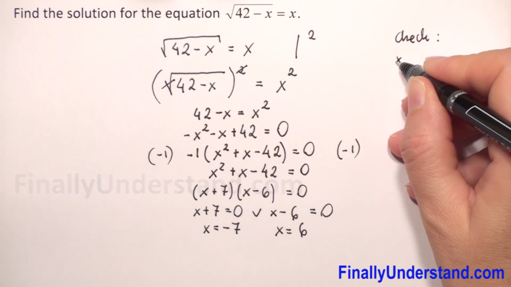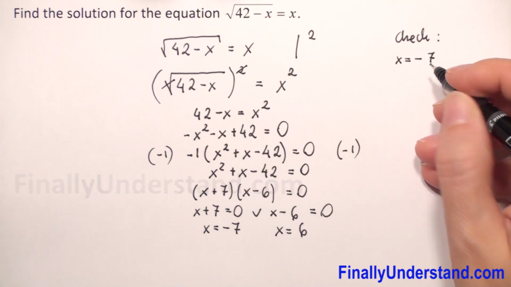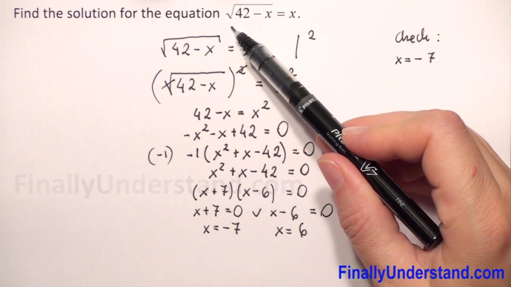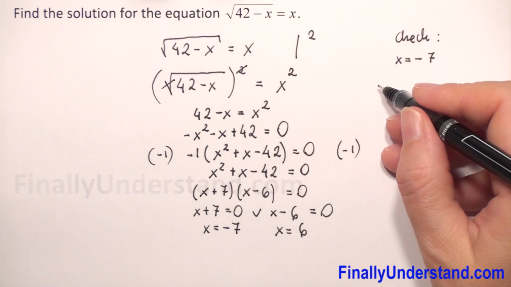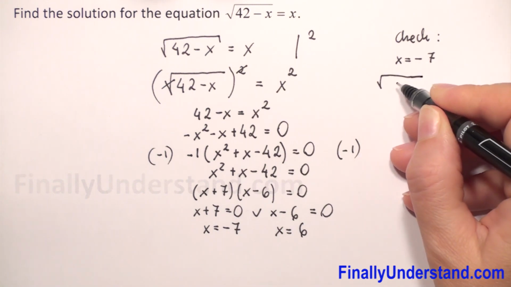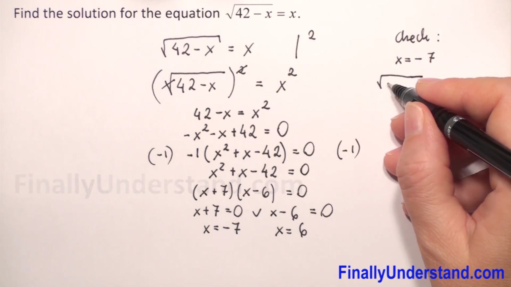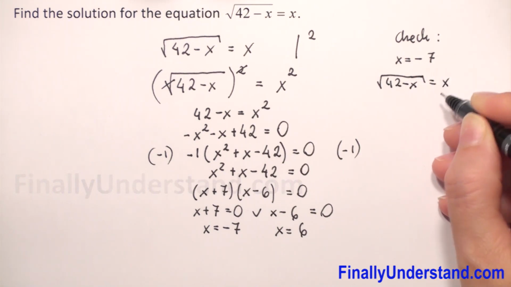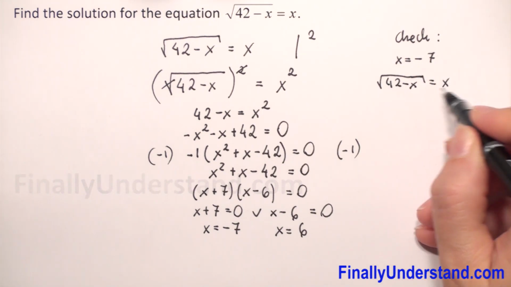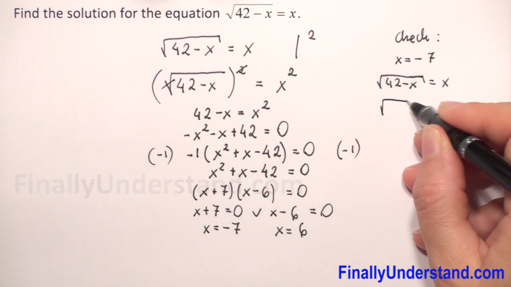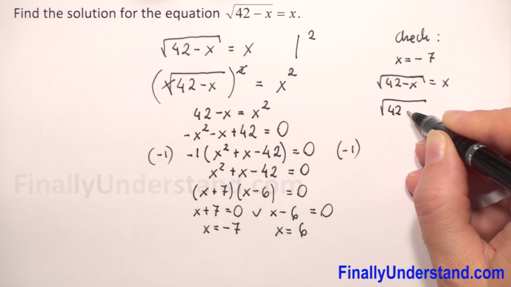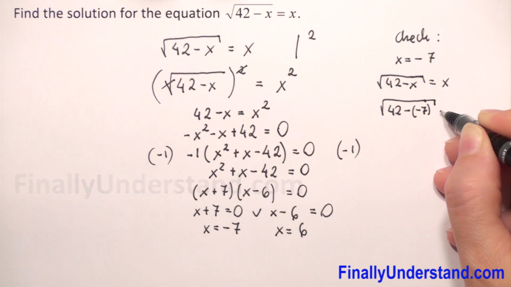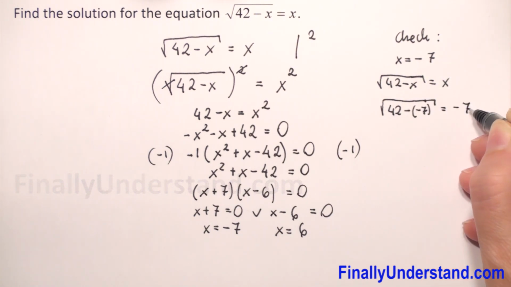When x equals negative 7, we will substitute x in our equation by negative 7. First let me rewrite this equation. We have square root of 42 minus x is equal to x. So when we substitute x by negative 7, we will have square root of 42 minus negative 7 is equal to negative 7.